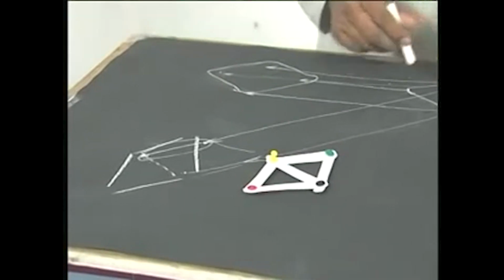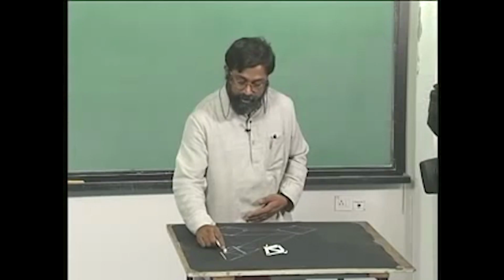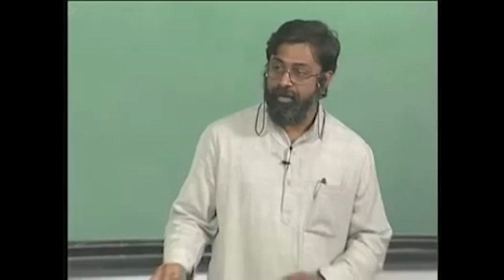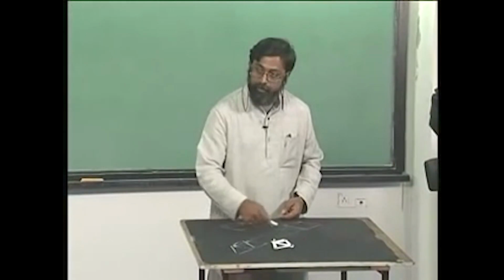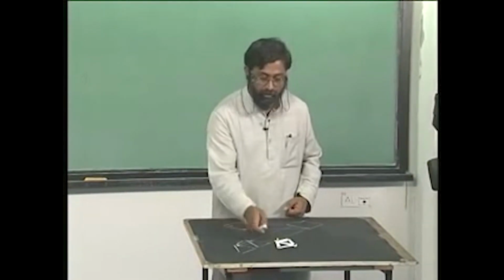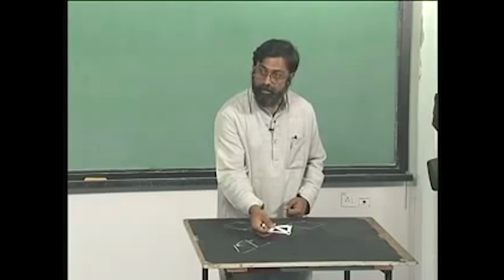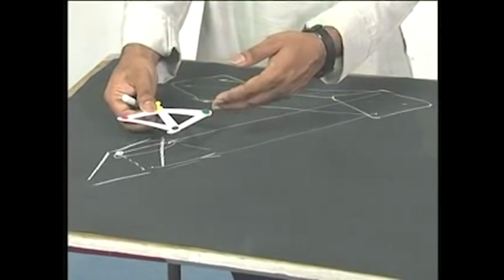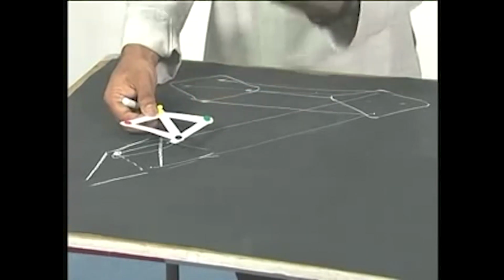If I add the two, I will get the position of this yellow point, and that is what we will do as an exercise in finding out the relationship between the positions of a particular rigid body, and therefore, the velocities and accelerations of the points of the rigid body.